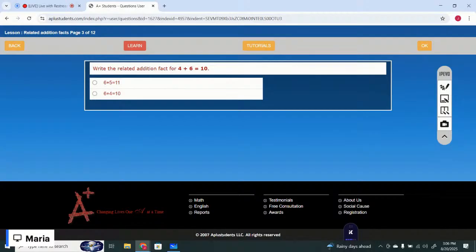Write the related addition fact for 4 plus 6 equals 10. Option 2 is the correct option, that is 6 plus 4 equals 10.